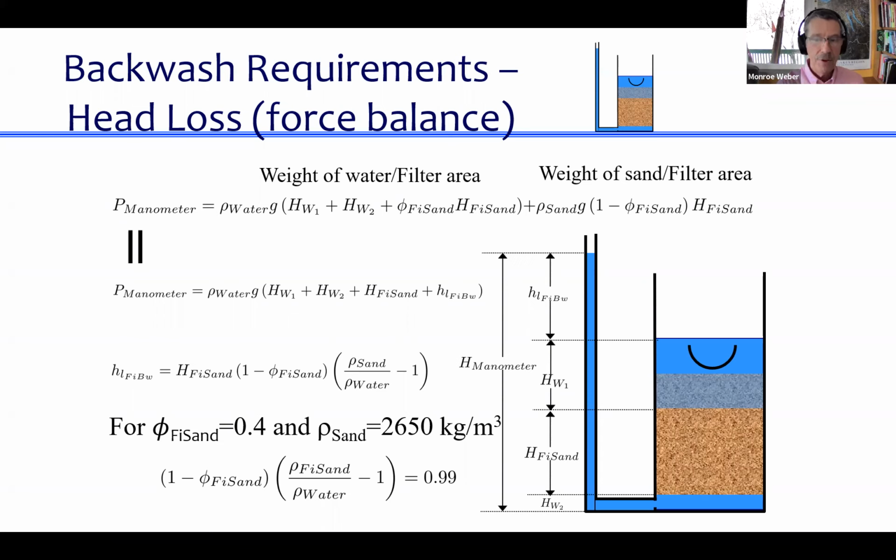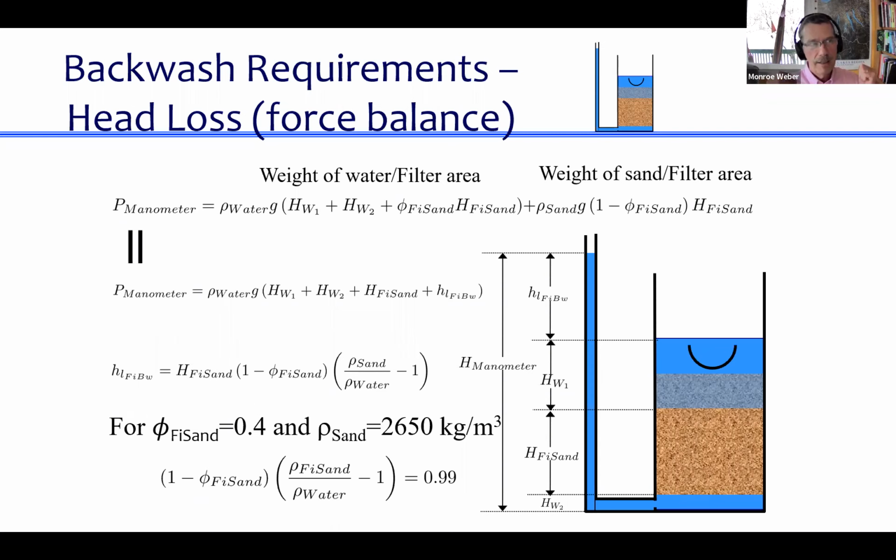And that is, if you have silica sand with a density of 2650 kilograms per meter cubed and a porosity of 0.4, when you plug those two numbers into the second two terms in that equation, one minus the porosity and times the density of sand over density of water minus one, you get 0.99, which is pretty darn close to one.